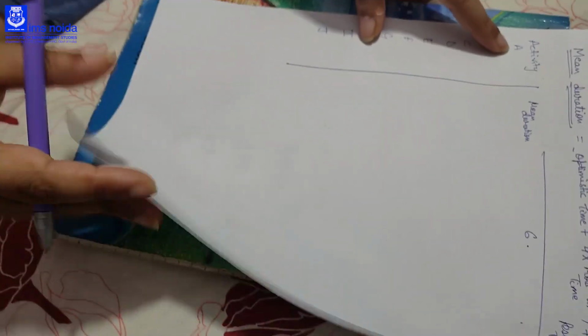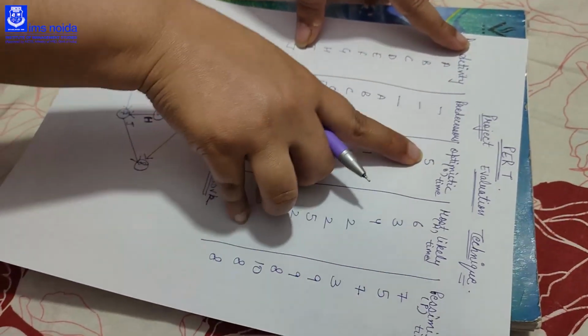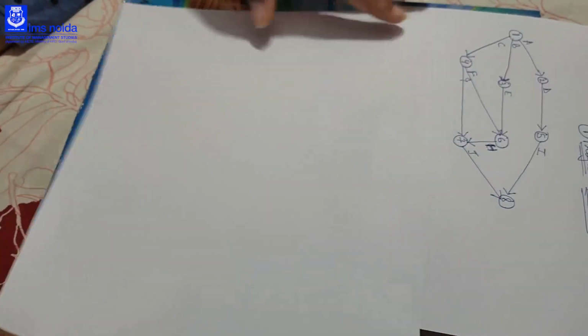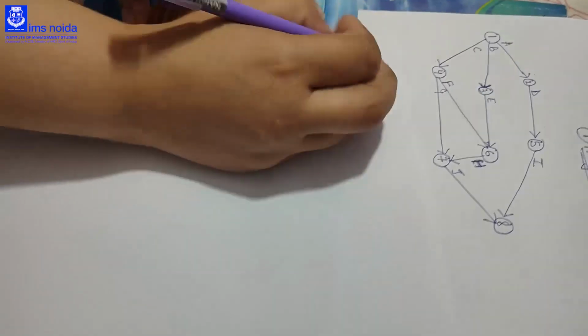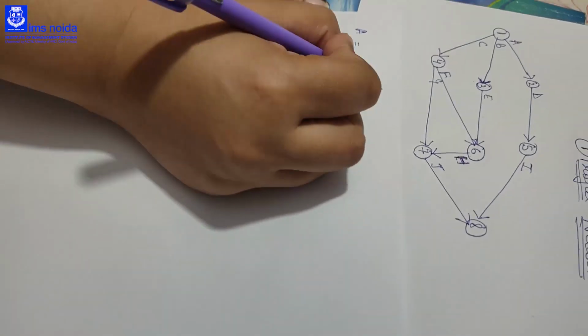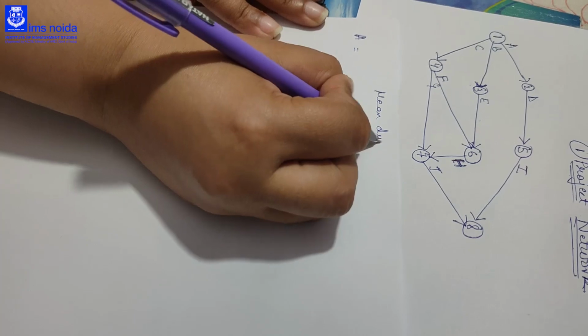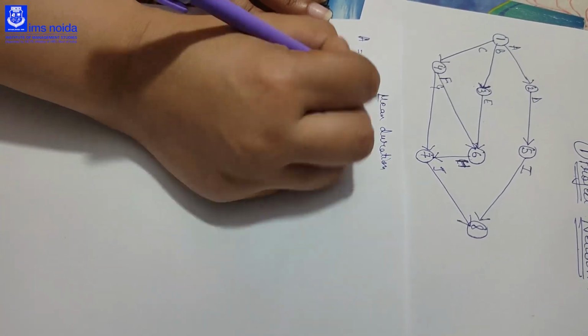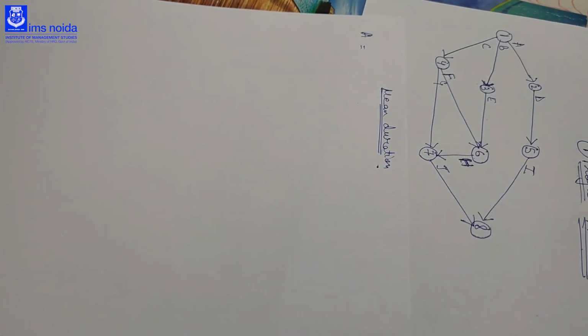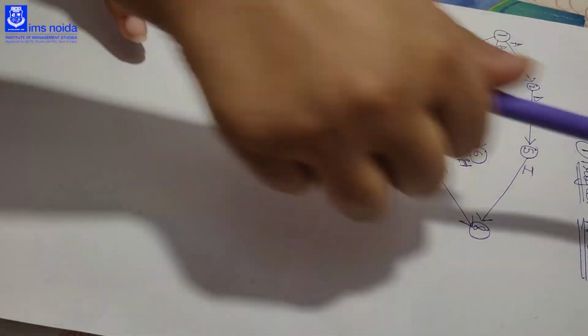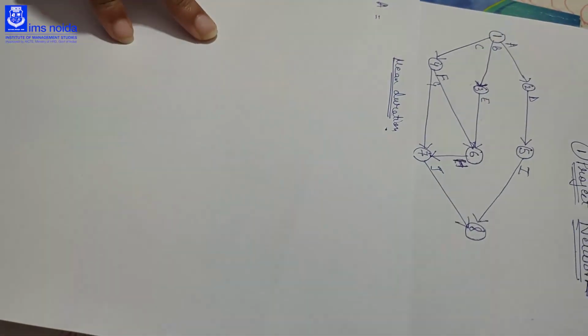So for A, how will we calculate the mean duration? The optimistic time of A, as you can see in the question, is 5. I will take another page so that it is easy for you to understand. For A, the formula is optimistic time plus 4 into most likely time plus pessimistic time divided by 6.